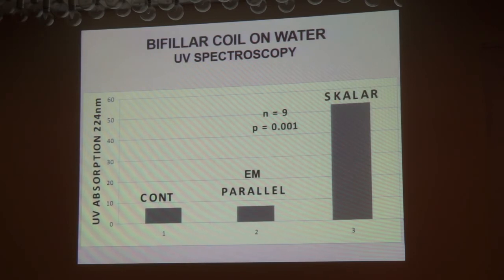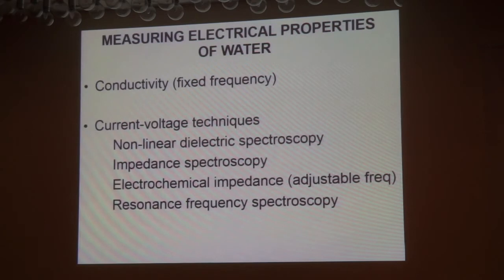So this is kind of an important observation, extending Cyril Smith's work, indicating that the electrostatic scalar potential, or the phi field, as it's called in physics, also imprints water. Okay, so that's an important observation.